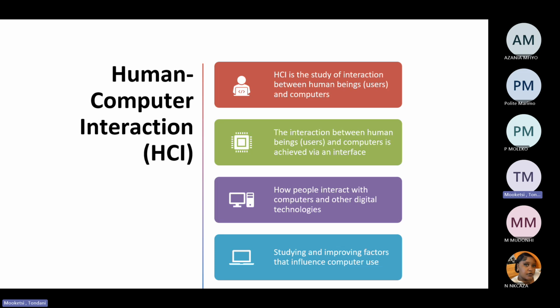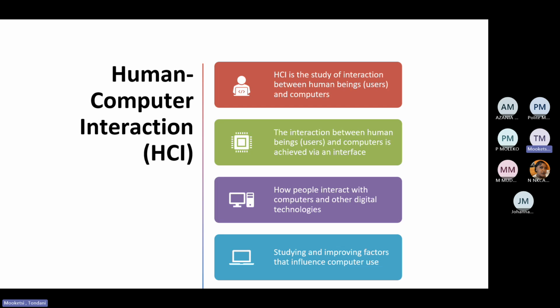So this field of HCI is focused on studying and improving the factors that influence the use of computers. So that is just a recap.